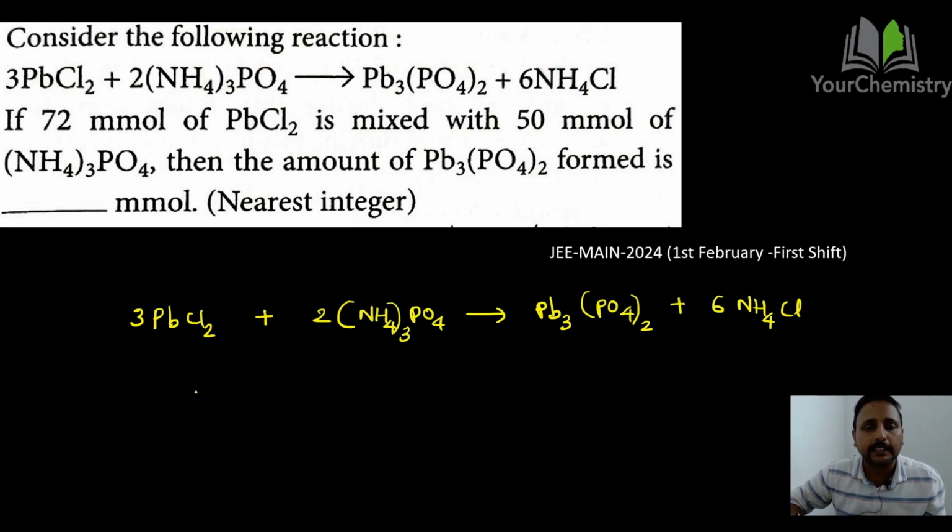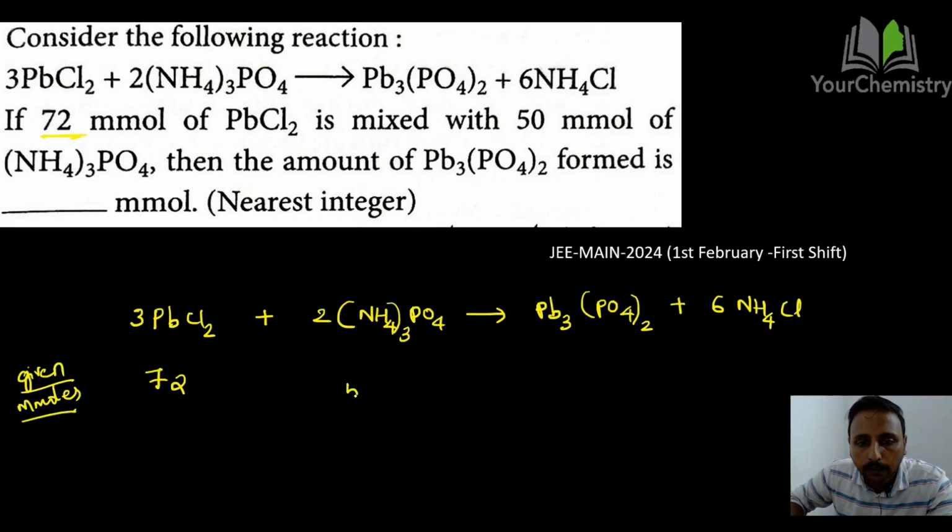Now let us write what is given. What are the given millimoles? It is given that 72 millimoles of PbCl2 is given. And the millimoles of ammonium phosphate given is 50.